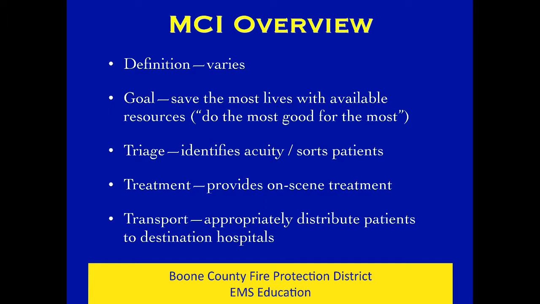Now, the idea being that the likelihood of survival of that patient or others with catastrophic, almost certain to be fatal injuries, we should not expend resources on a lost cause. And that sounds terrible. It's extremely hard to do in real life, but that is the goal of a mass casualty and a triage sort of process.